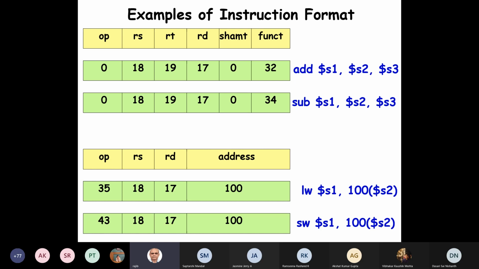And the load word, check here, load word, 35 is the opcode, and then we have this base register as 18 and the offset as 100. So the base register is S2, which is 18, and S1 is the destination register, and the offset is 100.